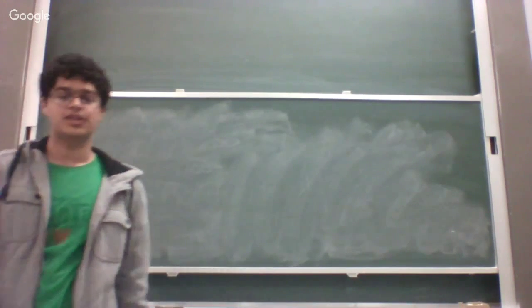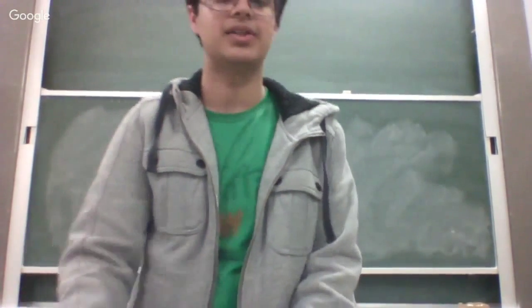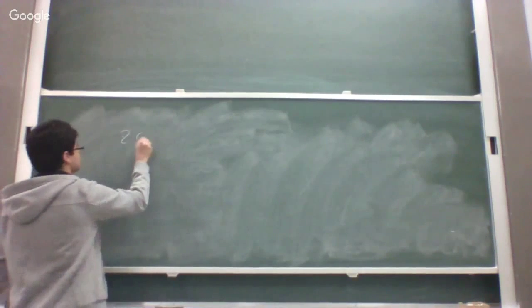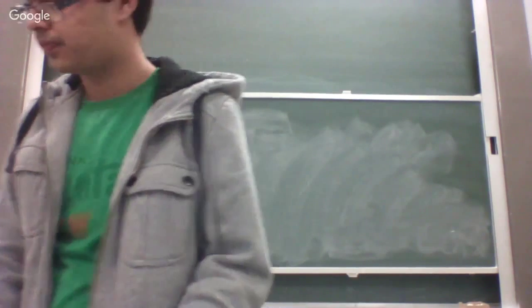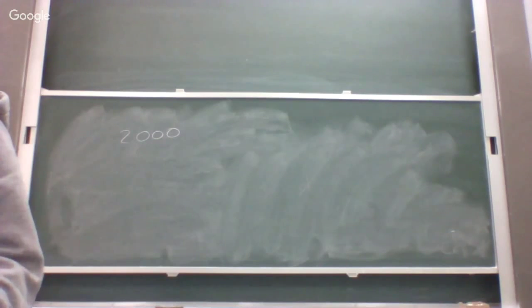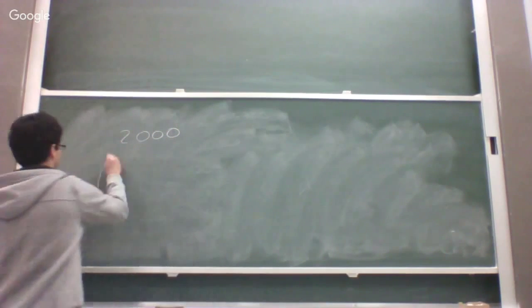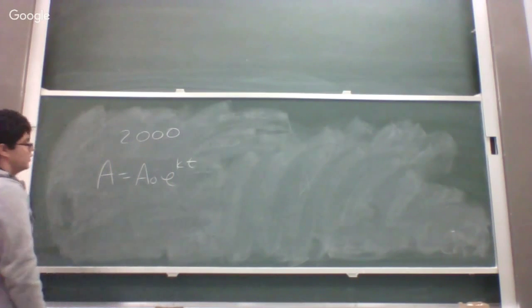Okay, after we find e to the k, then what fraction or percent has not disintegrated in 2,000 years? So I erased it, but our equation was A is equal to A0 e to the kt, right?